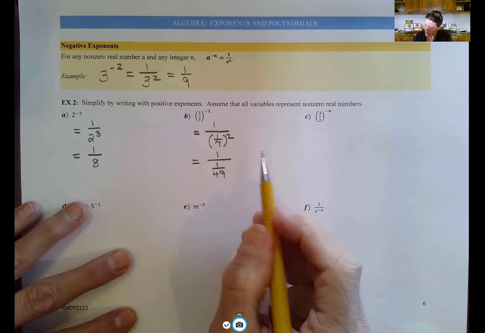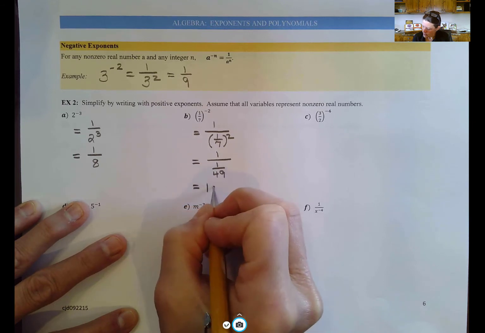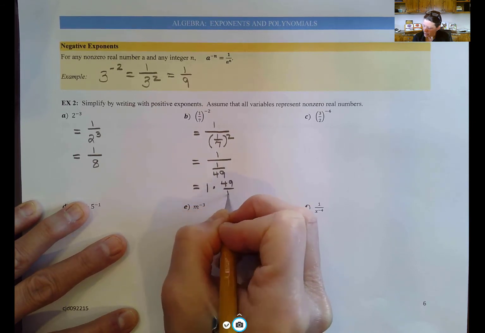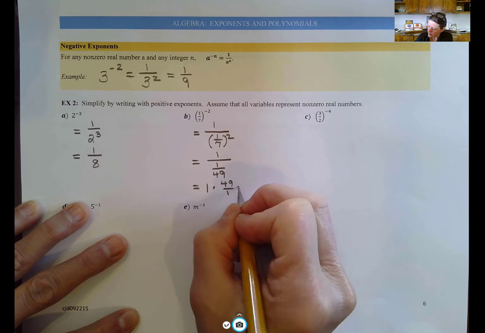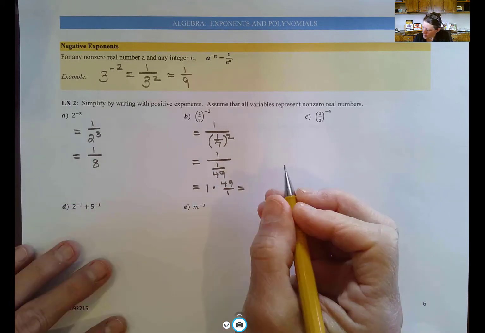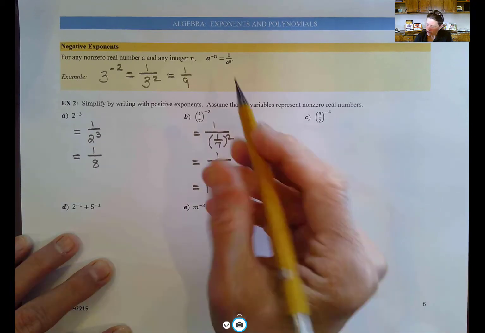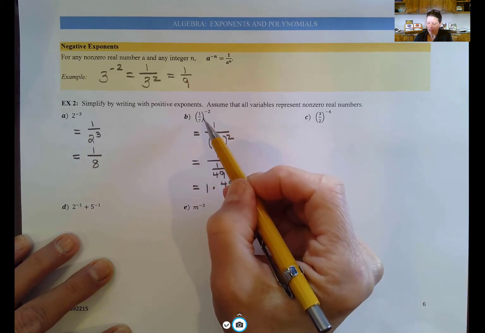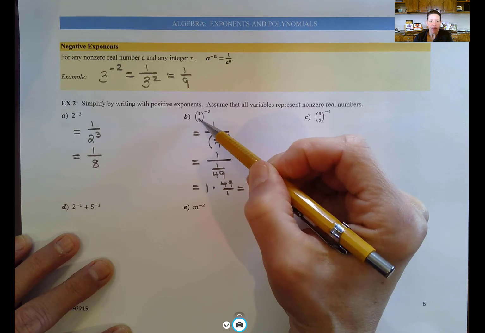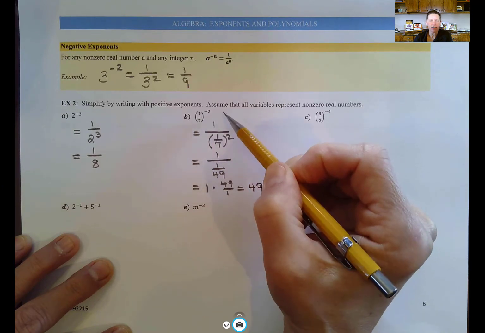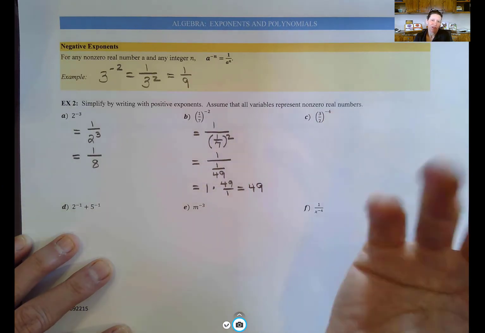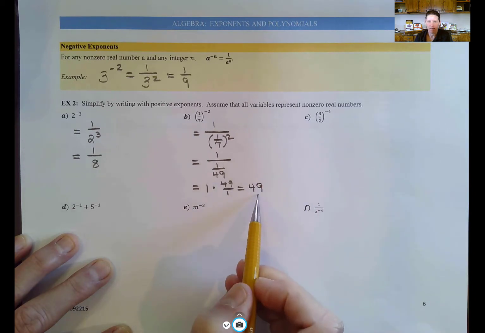So 1 times the reciprocal of that denominator, 49 over 1, is 49 over 1, or we might just say 49. Now, an easier way to look at part B is to just flip that base. 1 over 7 to the negative 2 is 7 over 1 to the positive 2, or 49.